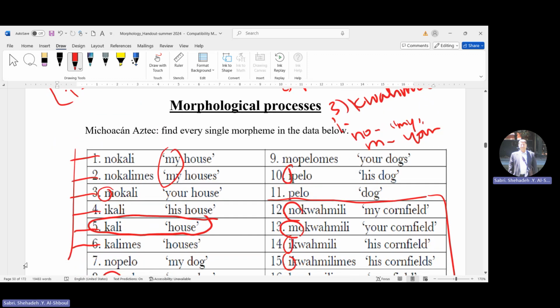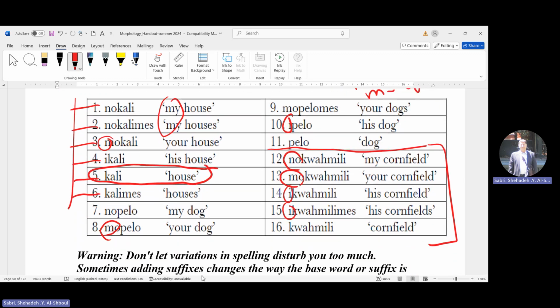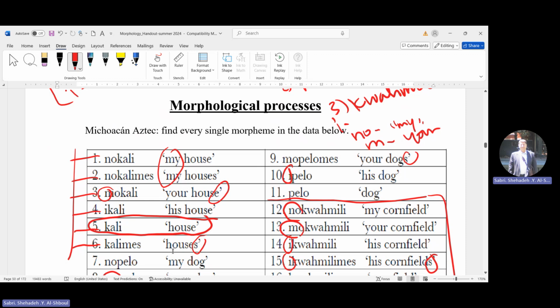Another change pattern reflected in this data seems to be the plural marker, as in houses, dogs, and fields. We notice that the suffix that shows this change is mis, right? The suffix mis, as in Nokalimis, Kalimis, Ekwahmilimis, right?